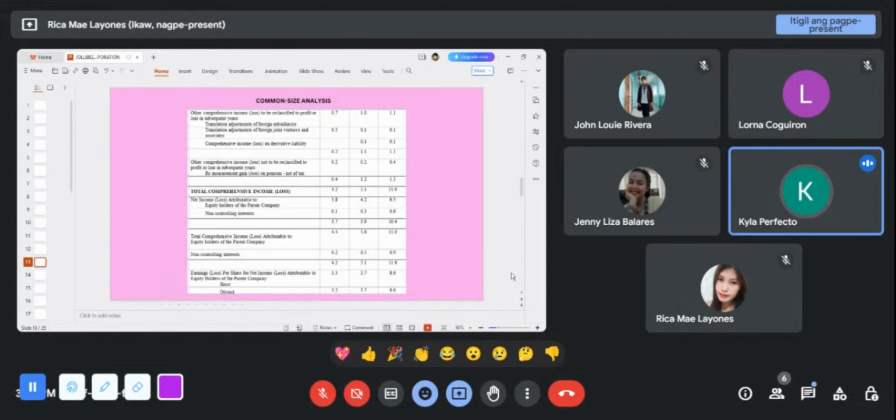Other comprehensive income loss to be reclassified to profit or loss in subsequent years, 0.7 in 2022, 1.0 in 2021, and 1.1 in 2020.